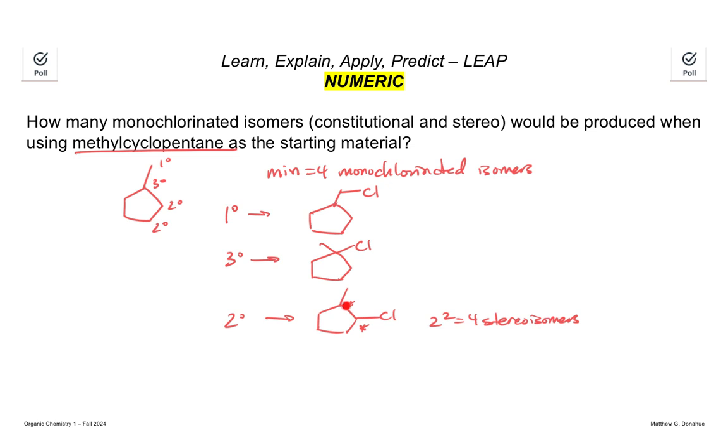Keep in mind, each stereocenter can be R or S, so you could have R,R; S,S; S,R; R,S. And then the last secondary set. Again, that would be a stereocenter, and then that would be a stereocenter. So total, the answer would be 10.